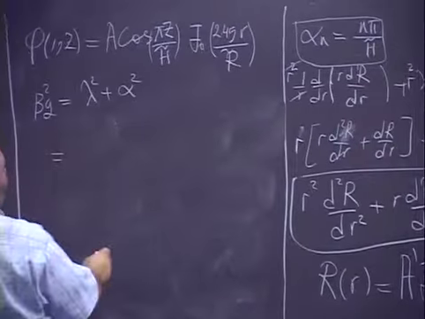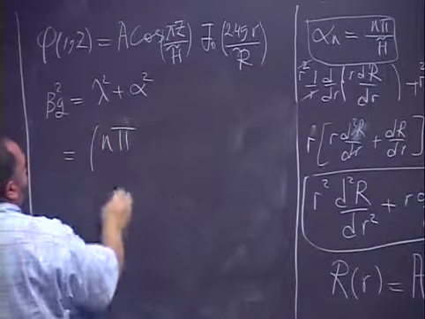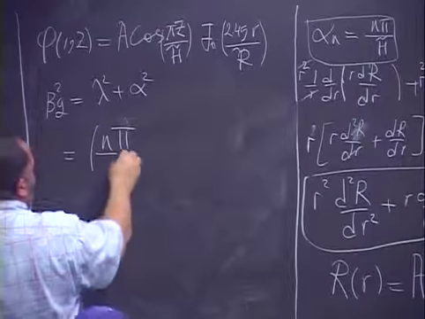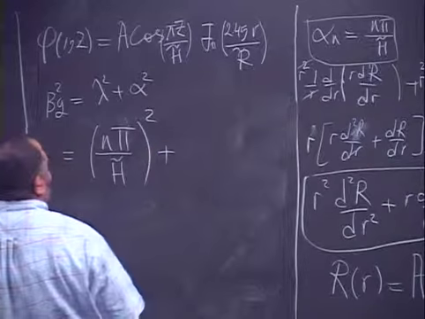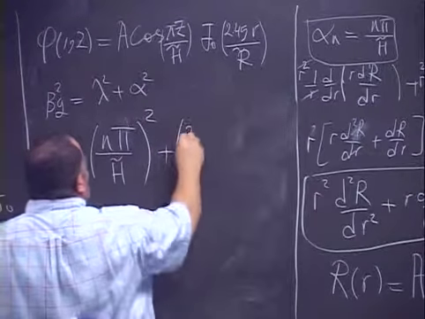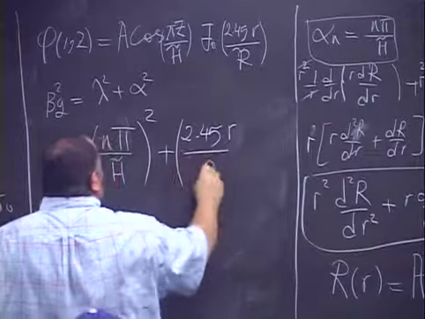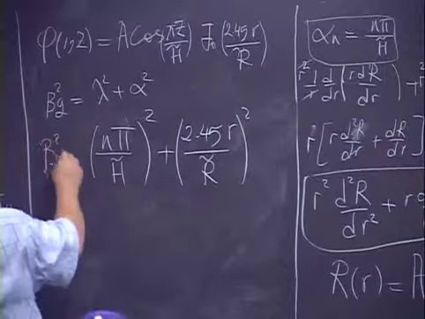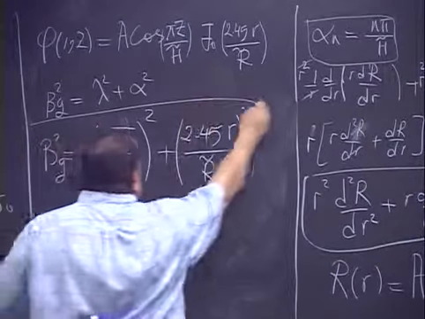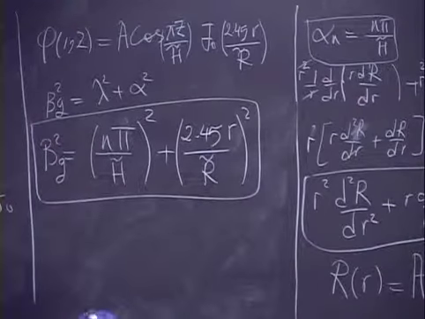Alpha squared will be n pi over H tilde squared, plus lambda, which is 2.45 over R tilde squared, equal to B squared g. So this is the buckling in cylindrical geometry.